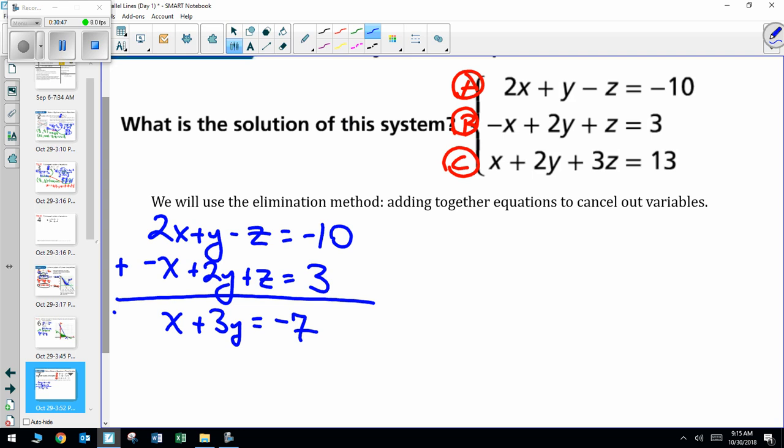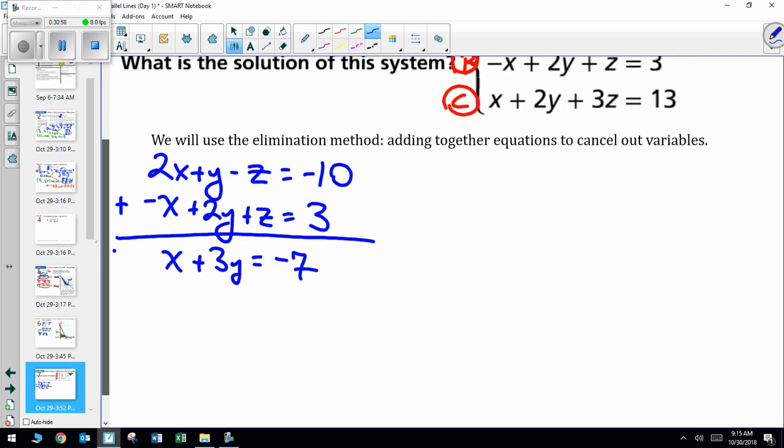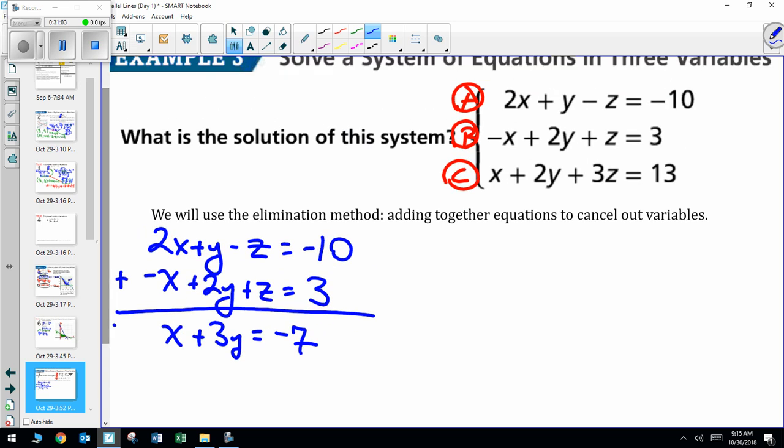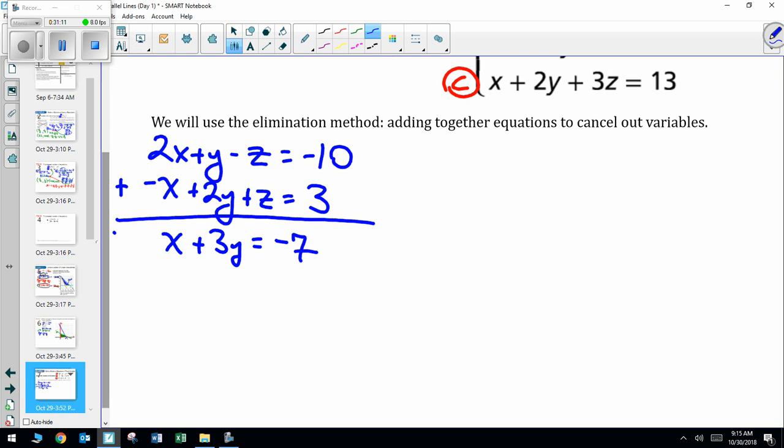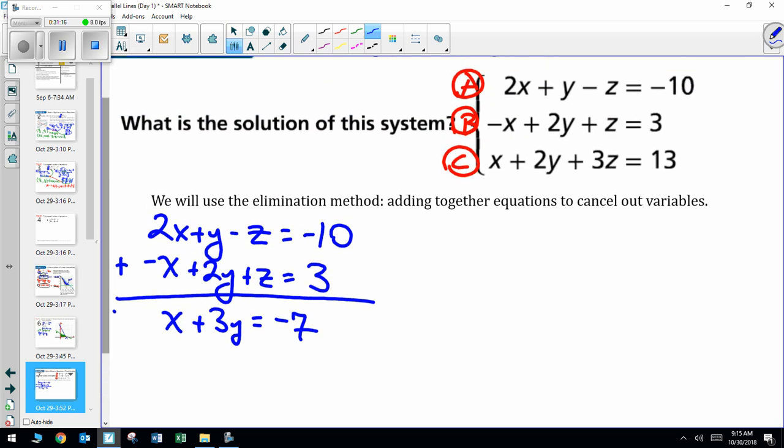So x plus 3y equals negative 7, and now I have a new equation in my system. Right? And so if I am replacing A and B, I'm adding them together, so this is replacing equation A. So this would be my new equation A, x plus 3y equals negative 7.